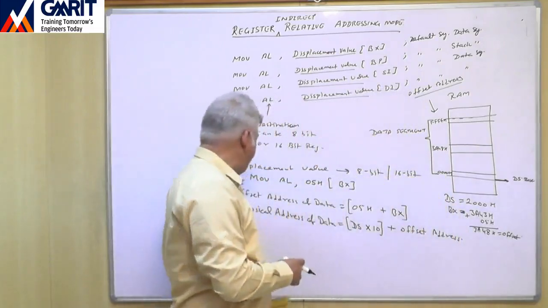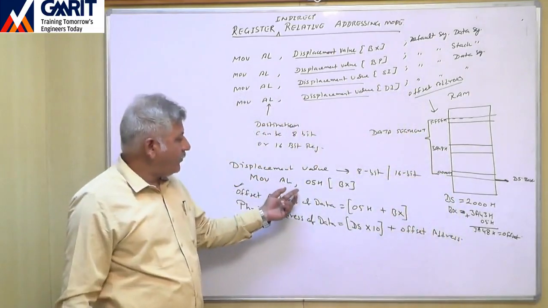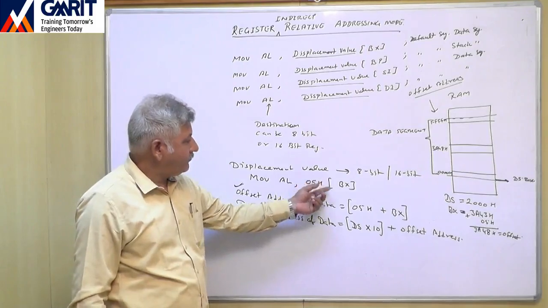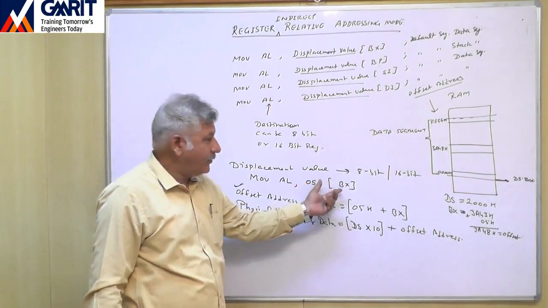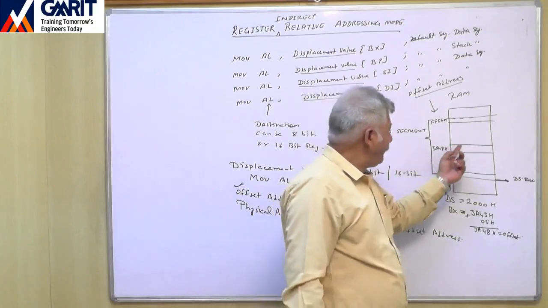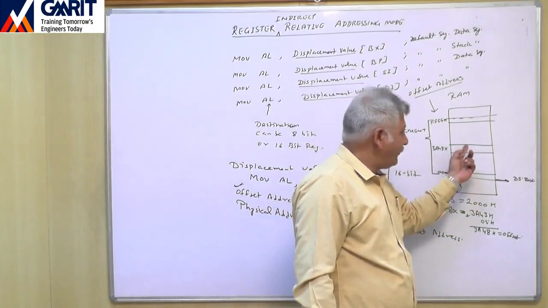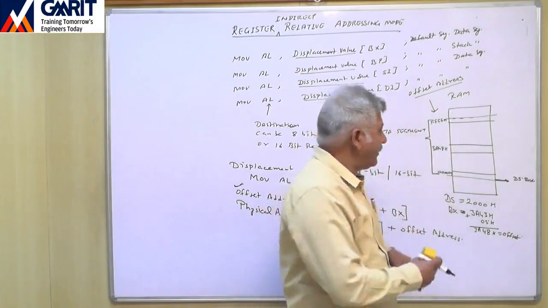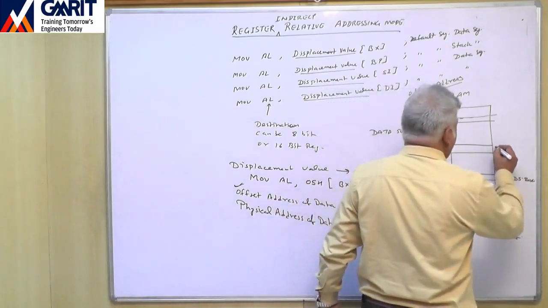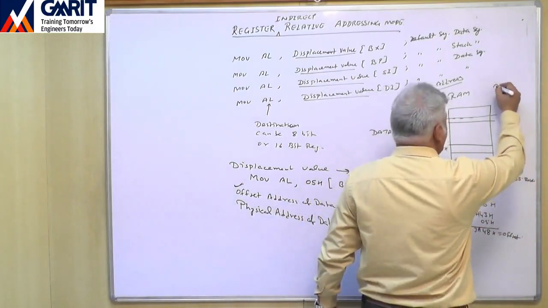So in this instruction, MOV AL, 05H within bracket BX, data from this offset address will be moved to the AL register, and here I will write the physical address.